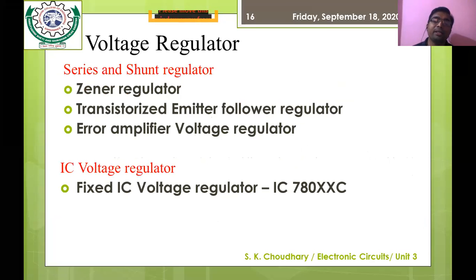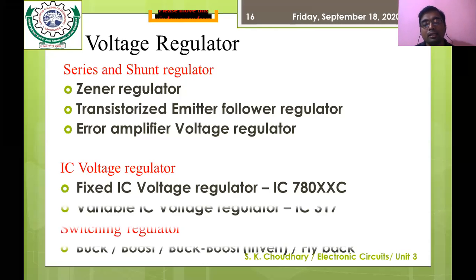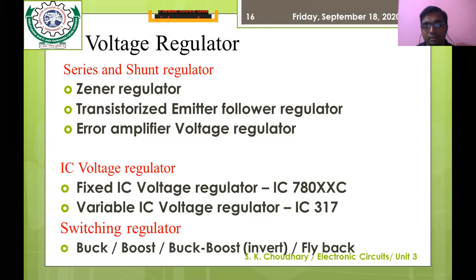Apart from these regulators, we also use IC voltage regulators, which we have to learn. In the IC voltage regulator, again there are two types. One is the fixed IC voltage regulator, another is the variable IC voltage regulator. The fixed IC voltage regulators have typical numbers given by the manufacturer, starting from the 780 series, and the variable IC regulators have numbers like IC 317, 337.